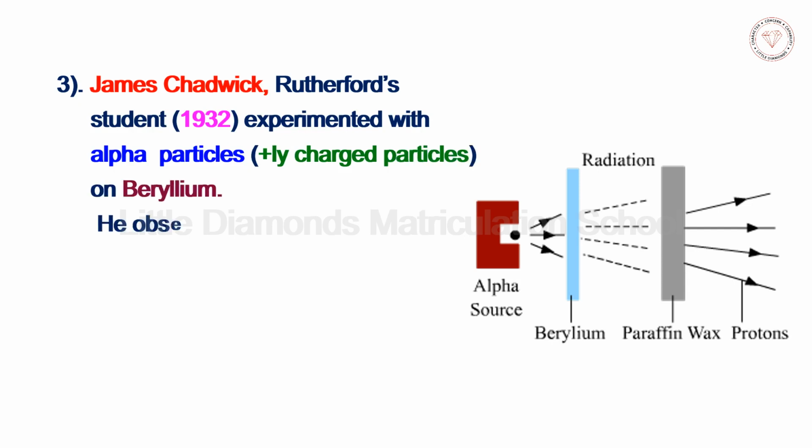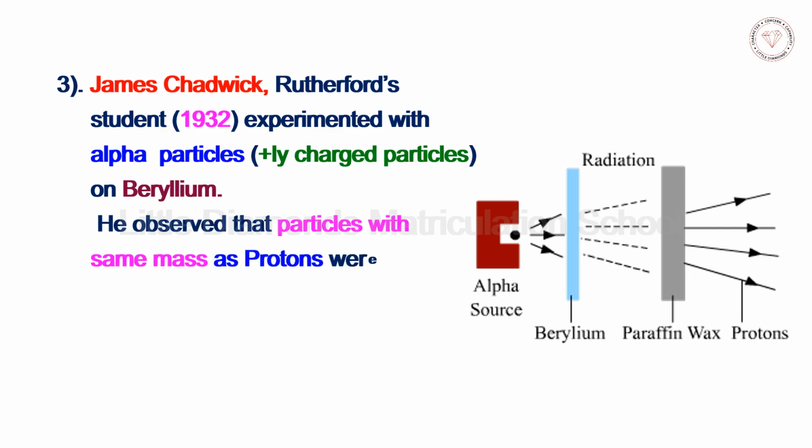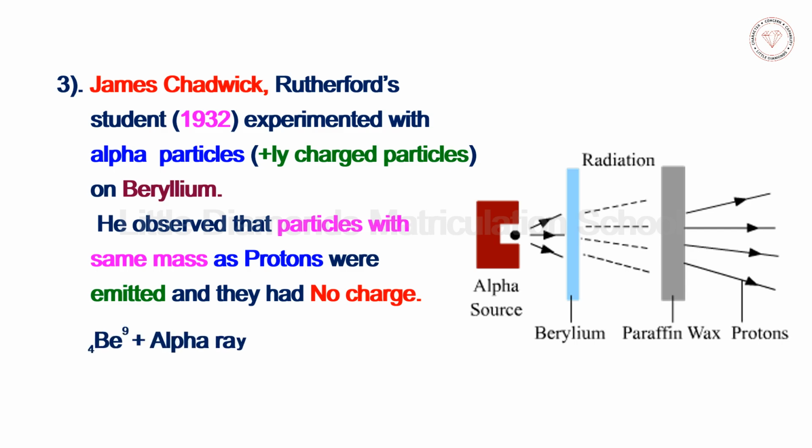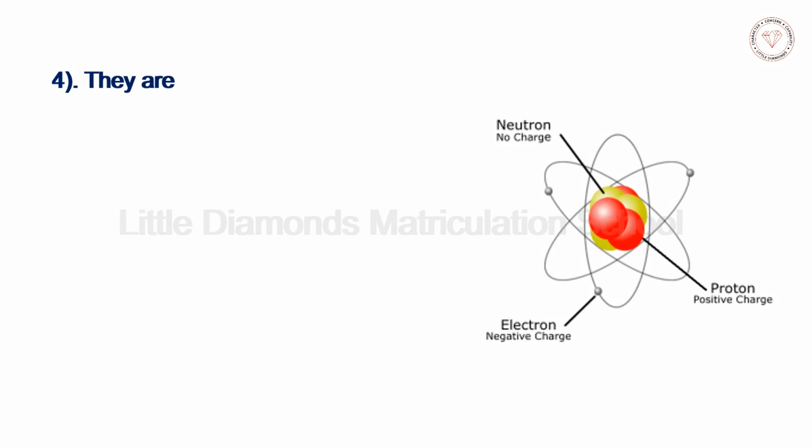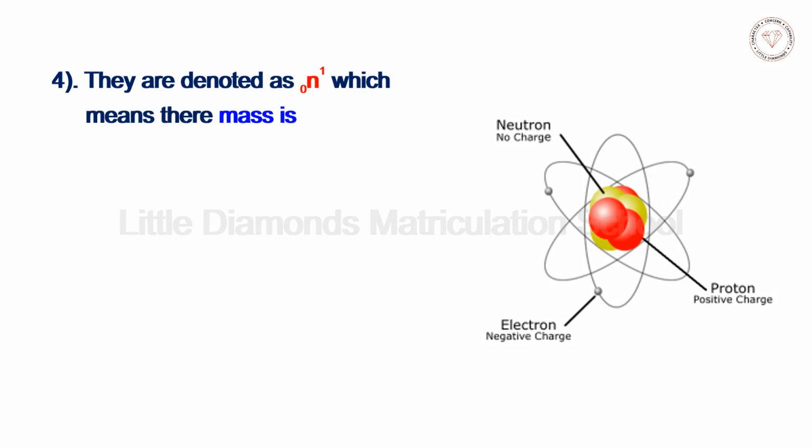He observed that particles with same mass as protons were emitted and they had no charge. Beryllium 9 4 plus alpha ray gives carbon 12 6 plus neutron. These particles were called neutrons. They are denoted as N 1 0, which means their mass is 1 and charge is 0.